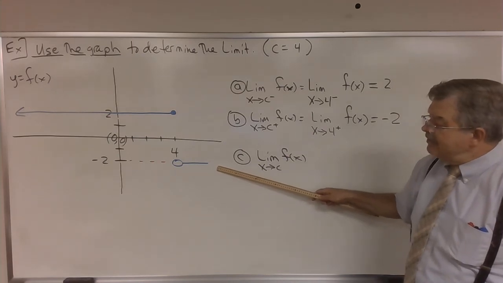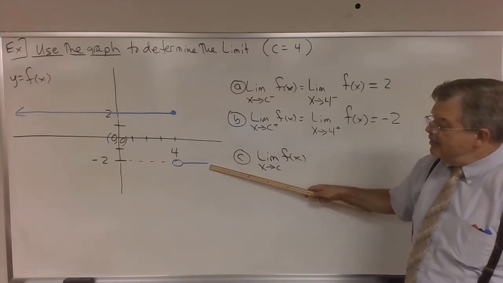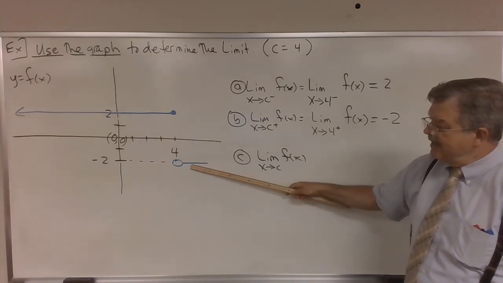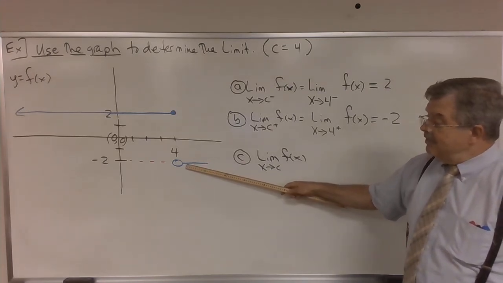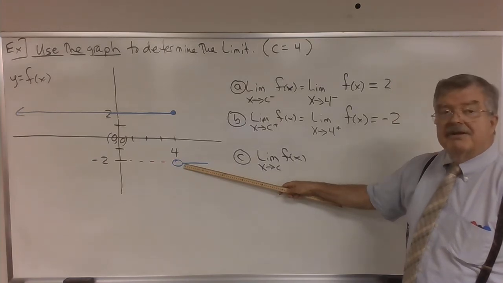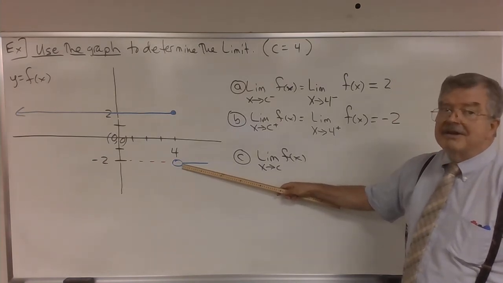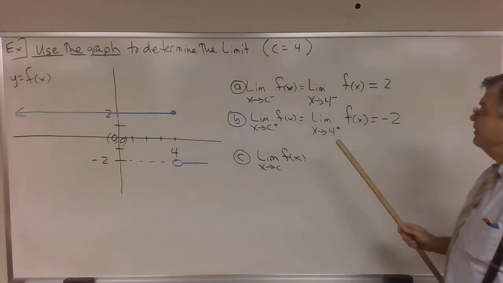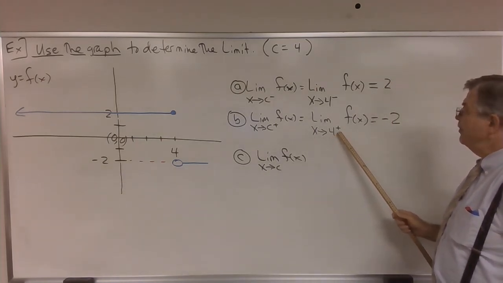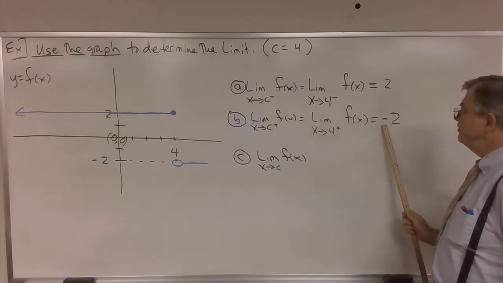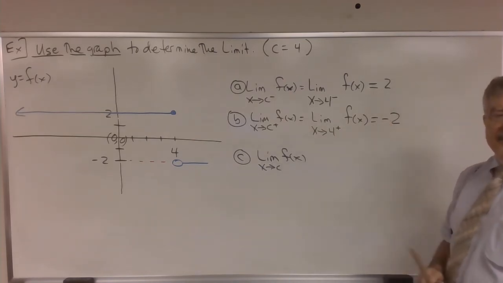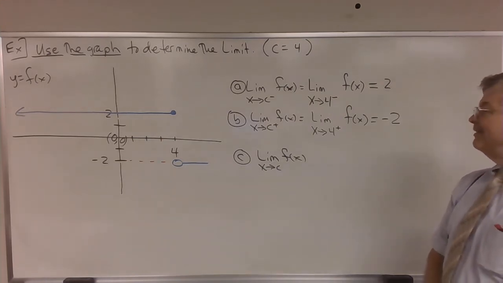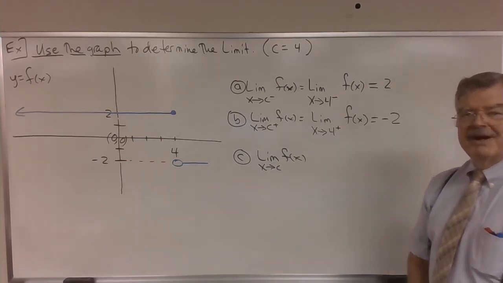So as x approaches 4 from the right, f of x, the y value, gets arbitrarily close to the only value that it's assumed, which is -2. So the limit as x approaches 4 from the right is -2. And I apologize if you were getting very apprehensive because of what I said before.